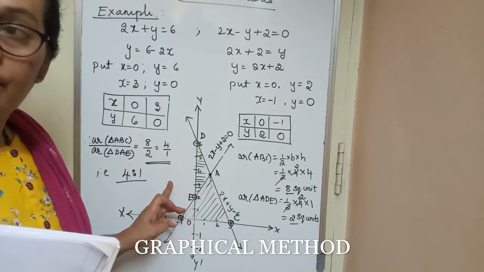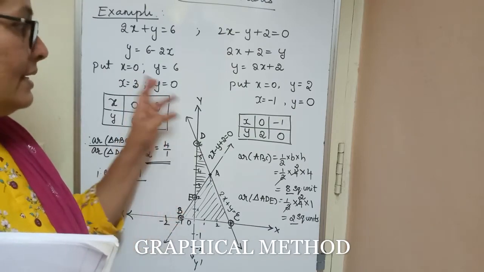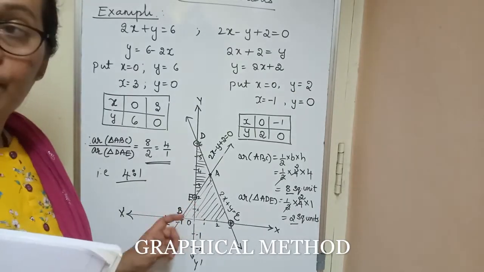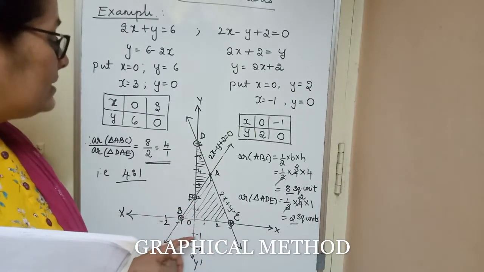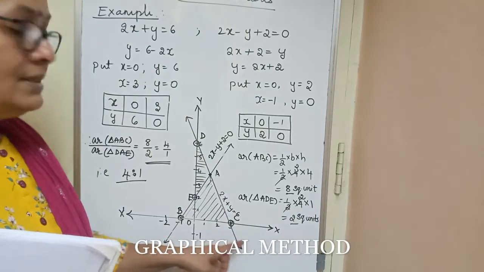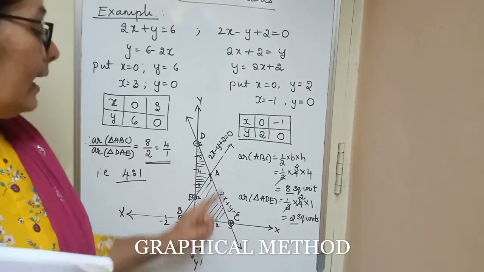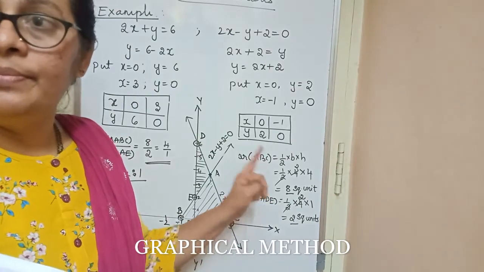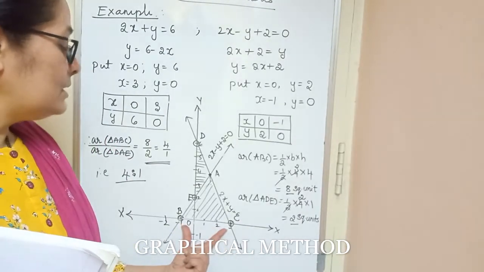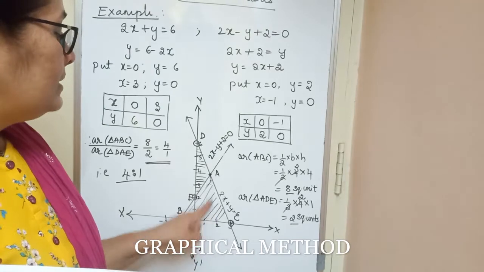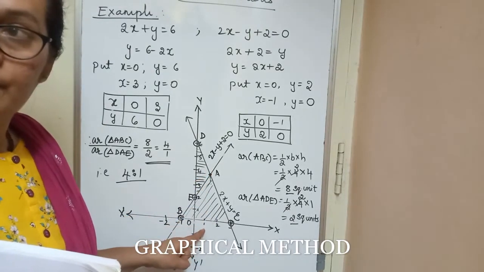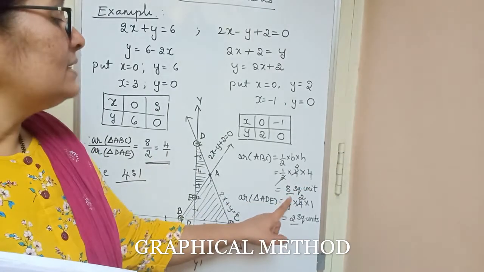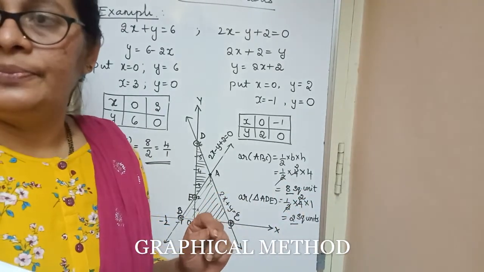Now find the area of triangle ABC. What is the area of a triangle? Half into base into height, where base is 4 units and height is also 4 units. So half into 4 into 4 is 8 square units.